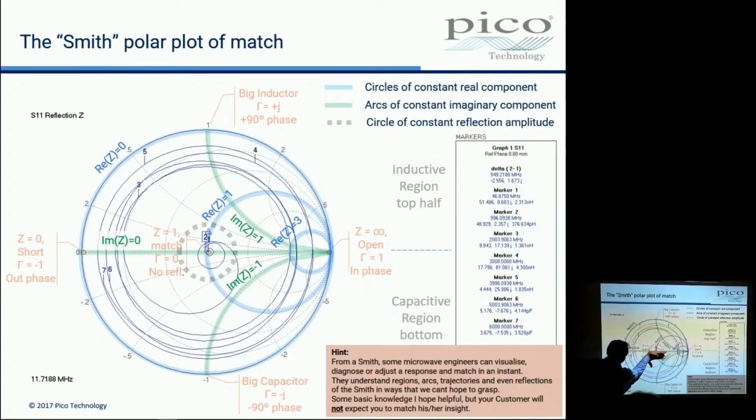This whole region is the capacitive region of the plot, and this whole region above the center line is the inductive region of the plot. So you can see we're starting to pick up lots of information about what our DUT is simply by glancing at a chart, if we can read it. Again, we as sellers do not have to know what all the Smith chart means. The customer will know what the Smith chart means. It's just useful to know that it's very useful to the customer.